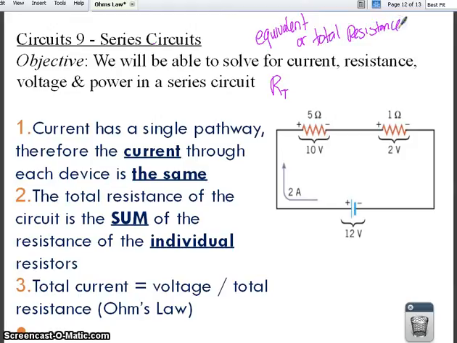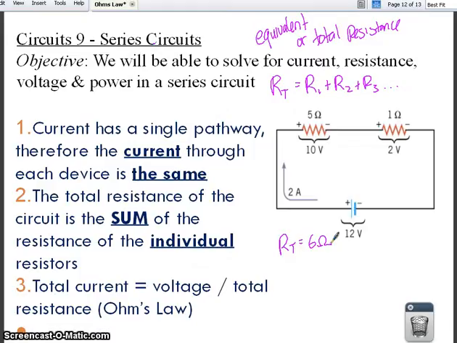The total resistance in a series circuit is equal to the resistances added up from each resistor. So in this case, I have a 5 ohm resistor and a 1 ohm resistor. Therefore, my total resistance is equal to 6 ohms. Okay, not that difficult.